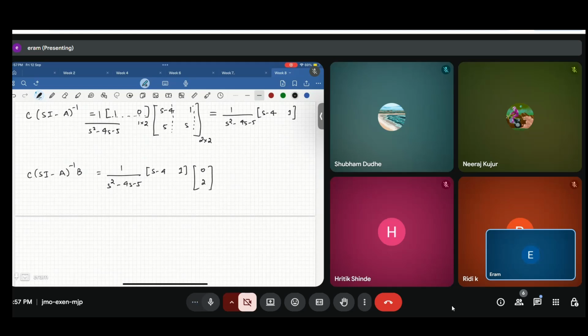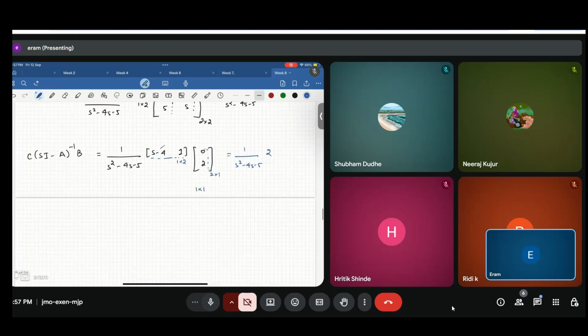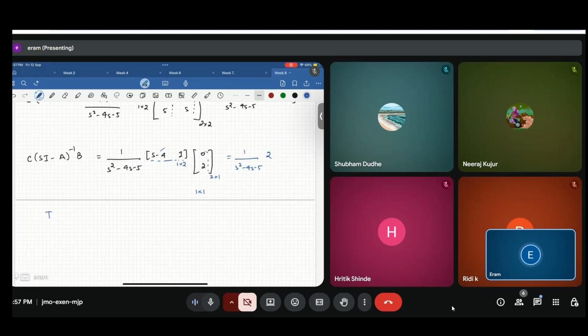This matrix is 1 cross 2 and this is 2 cross 1, so your resultant will be 1 cross 1, which is 1 by s square minus 4s minus 5. Multiply this with this element, which is 0, so you will get 2 only. So your transfer function is nothing but 2 divided by s square minus 4s minus 5.